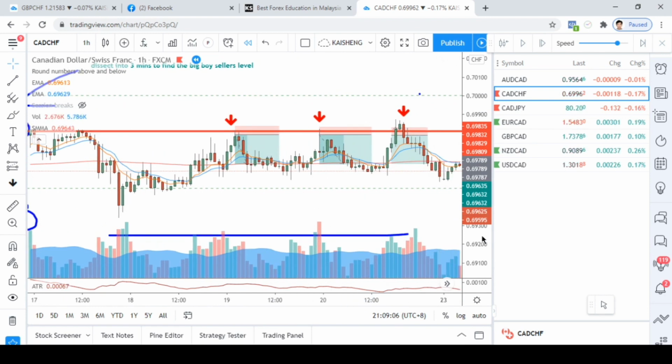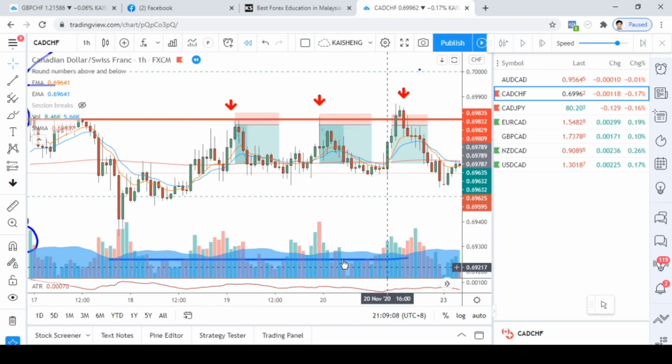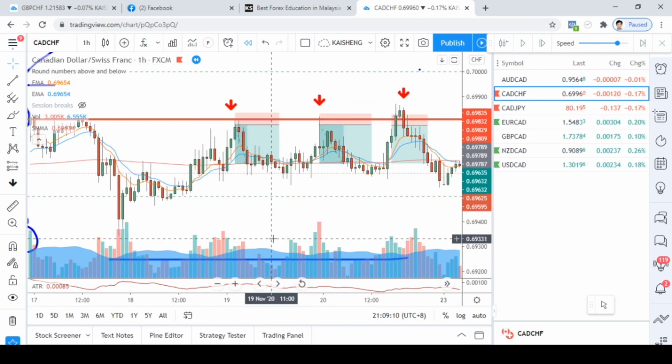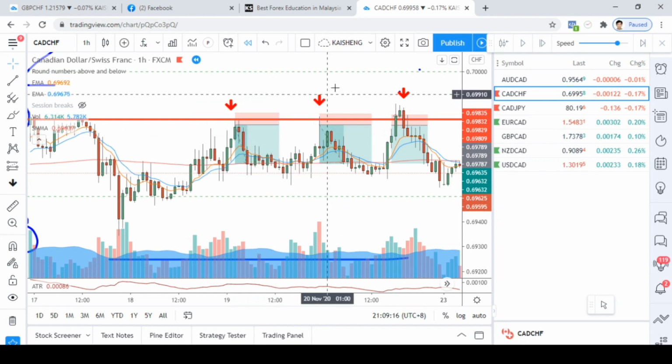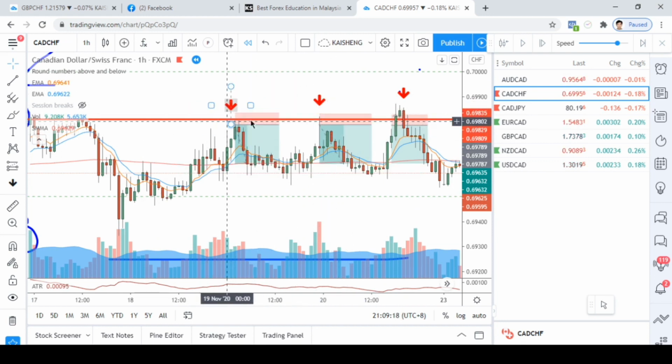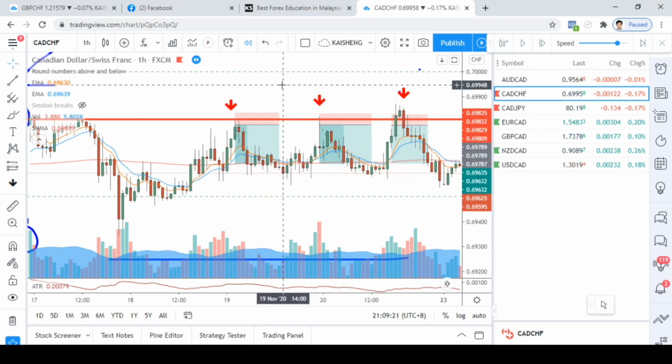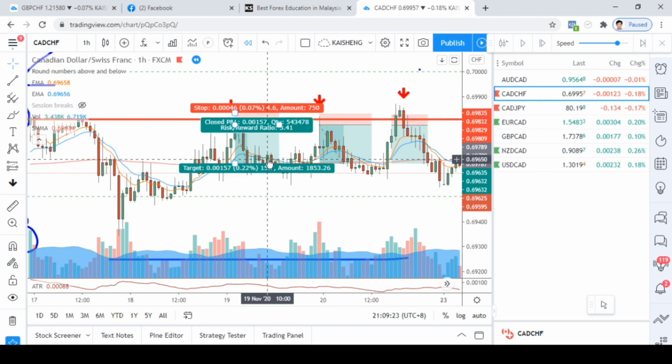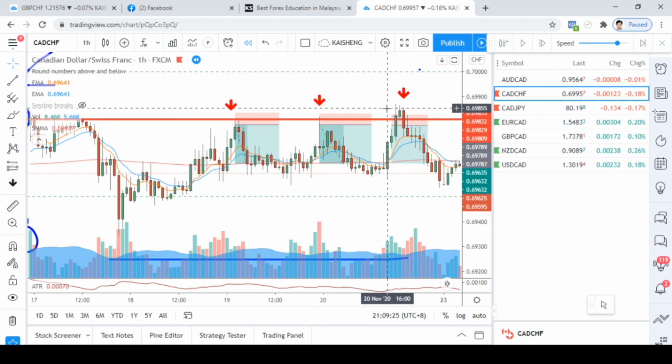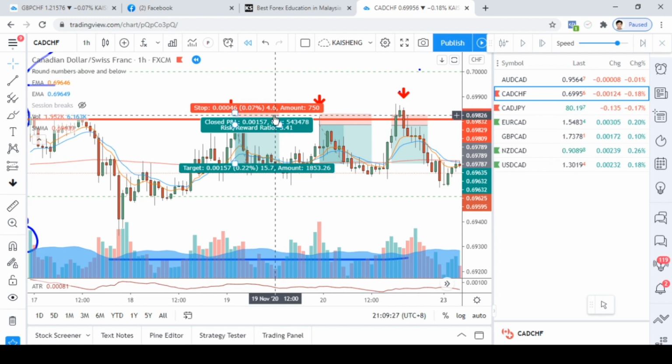If you can trade the level, this will help you draw a much stronger key level. You won't say it won't break the key level, but you have a higher probability to get a better trade. From here you can get a smaller stop loss and a better risk to reward ratio.